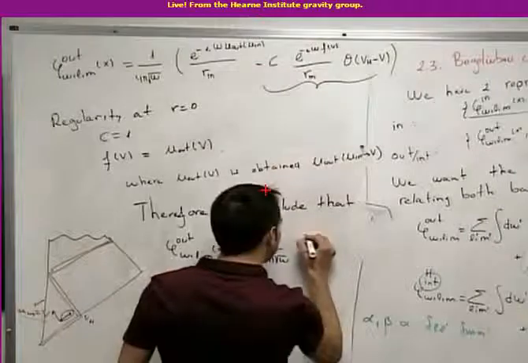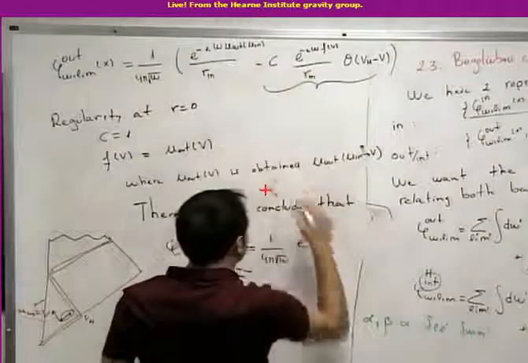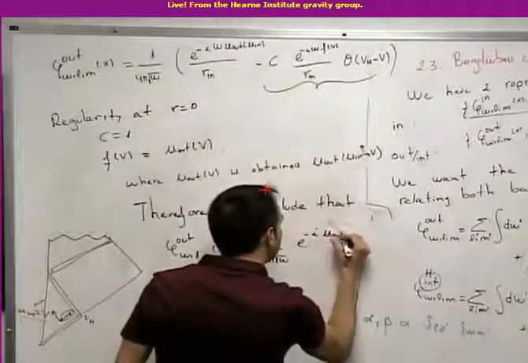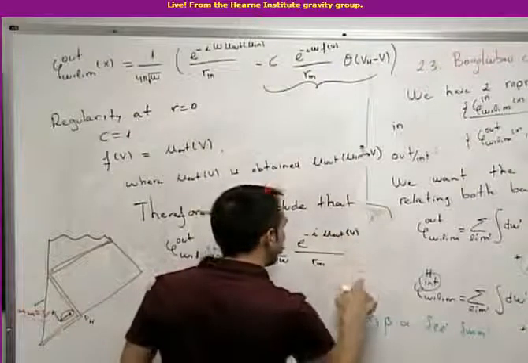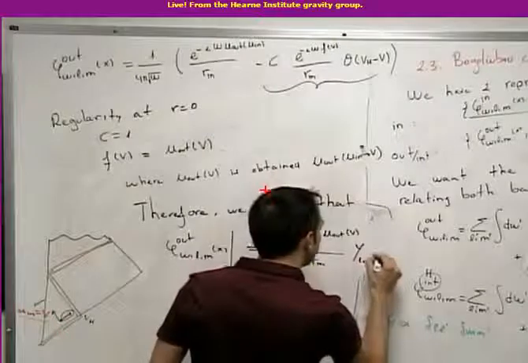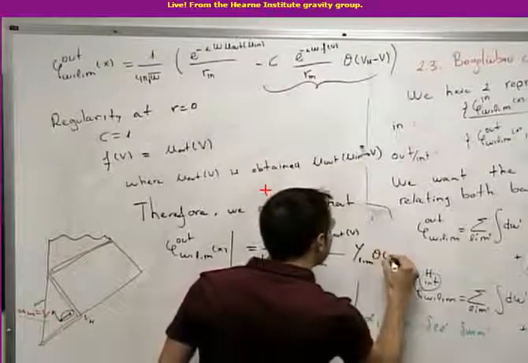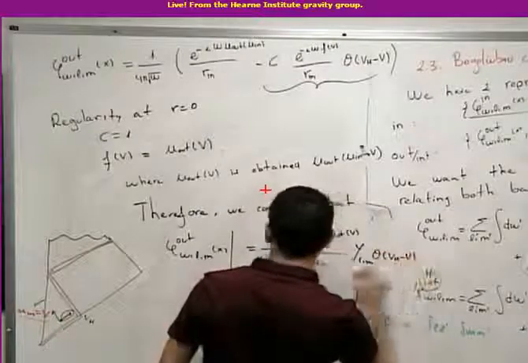So with the conditions that I just derived, u out as a function of v divided by r in, the spherical harmonic, with support only for v smaller than vh.